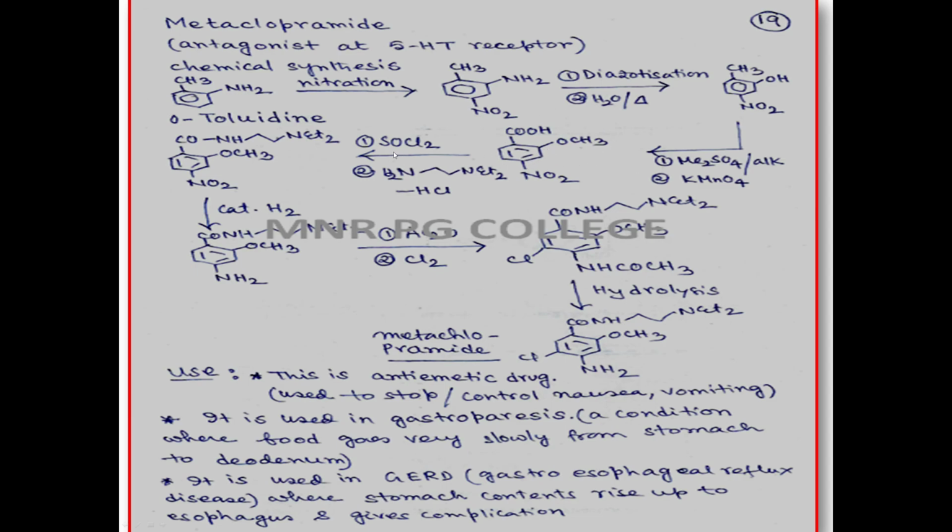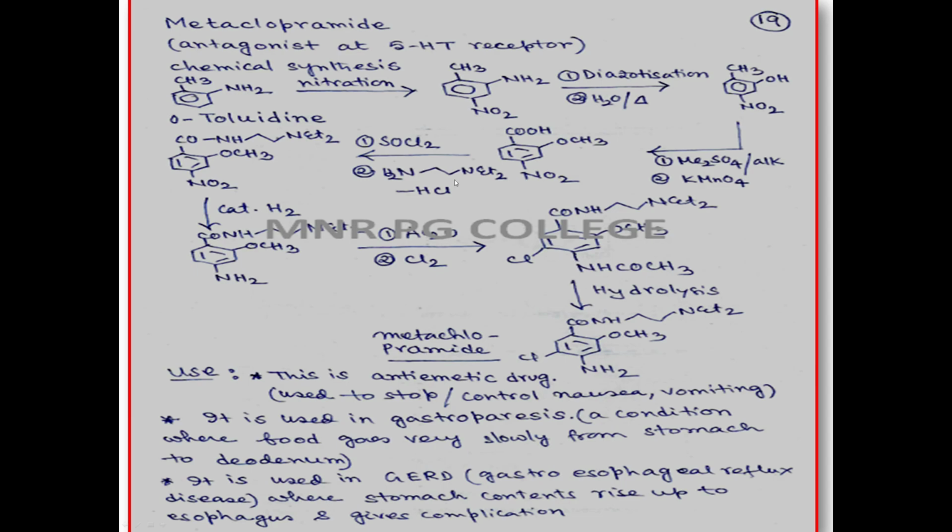Now it is treated with thionyl chloride, meaning the carboxylic acid gets converted into COCl, and then one nucleophile we bring, because we have to prepare the amide bond. This side chain has structural similarity with the side chain present in metoclopramide.